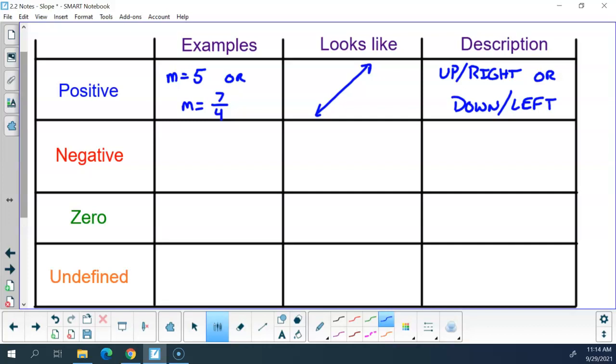So that is an example of a positive slope, what it looks like, and its description. Negative slopes. A negative slope is going to look like a negative number, so like m equals -1, or m equals -2/3.